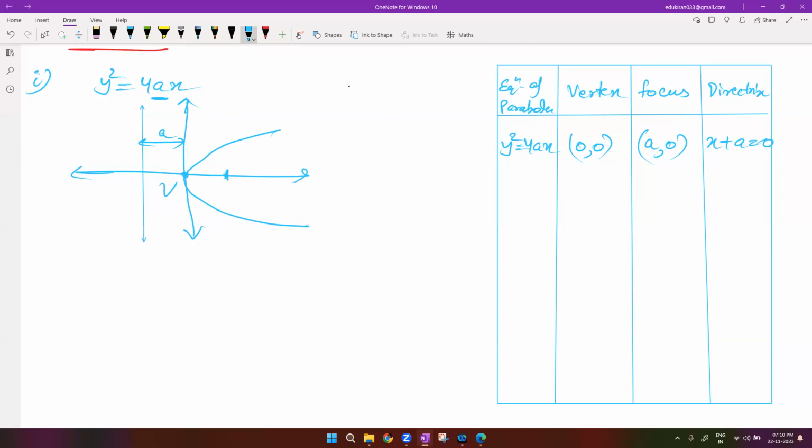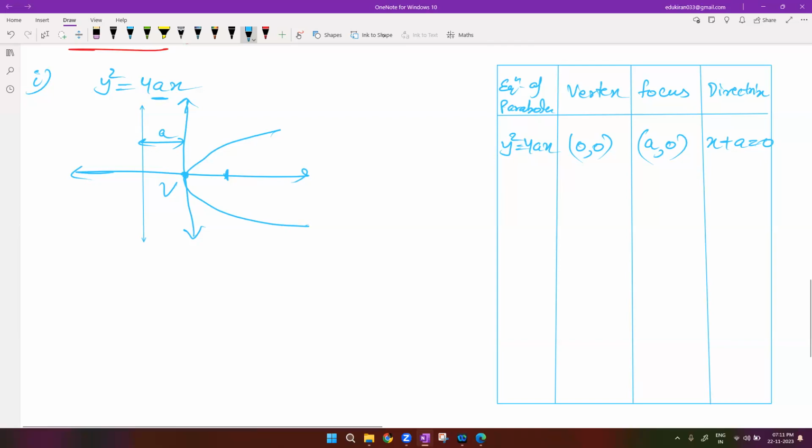But for them to be a focus and directrix, you need to draw the parabola. A parabola can be drawn only if the focus is not lying on the directrix. So if you take any fixed point in the plane and any fixed line in the plane, they can work as a focus and directrix unless the focus is lying on the directrix.